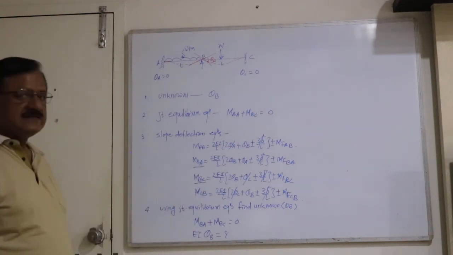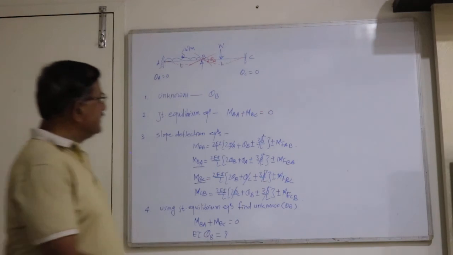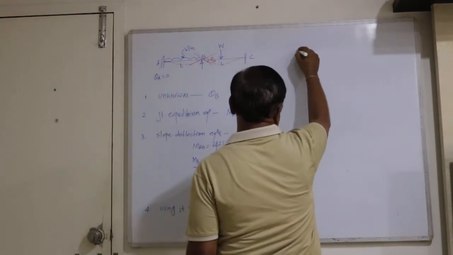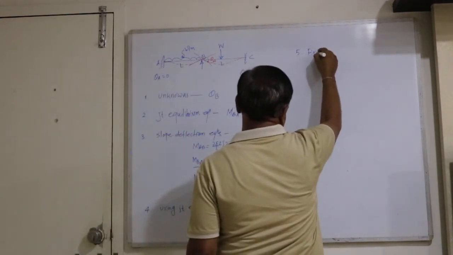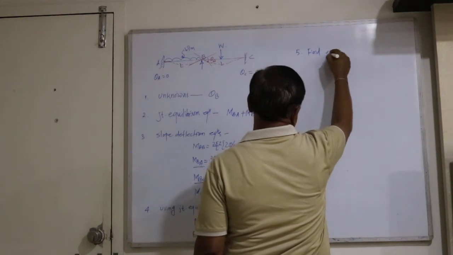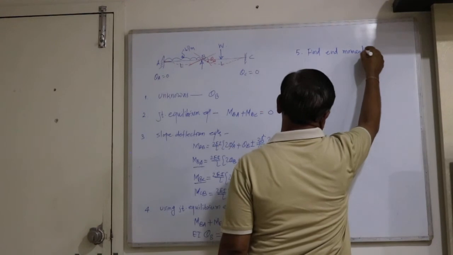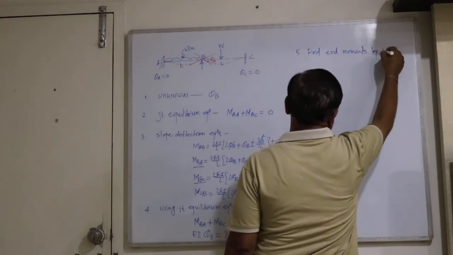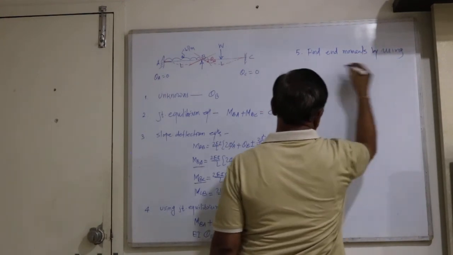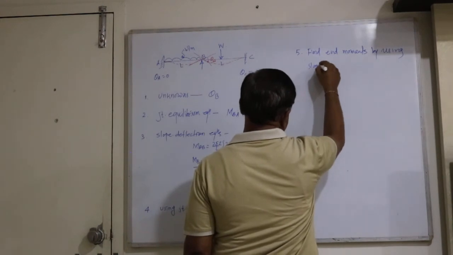After getting theta B, the next step is to find the final end moments by using slope deflection equations.